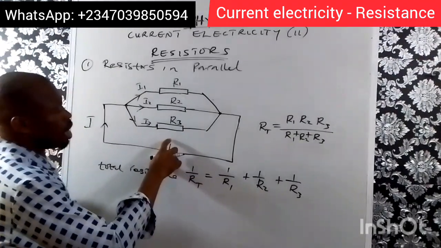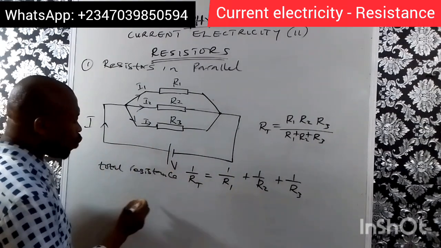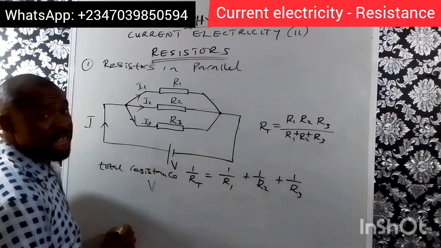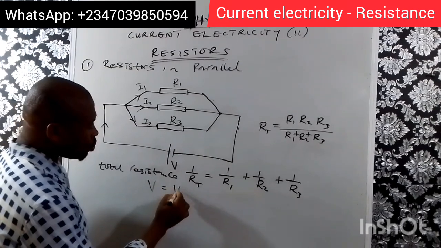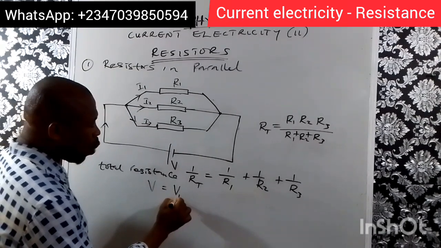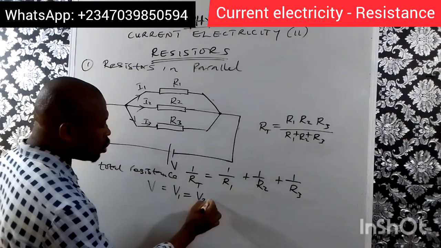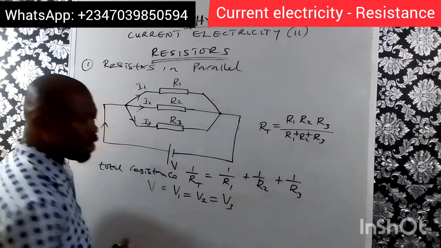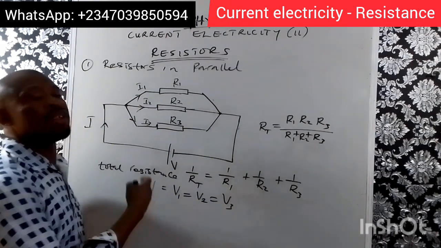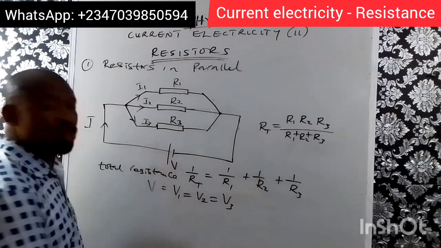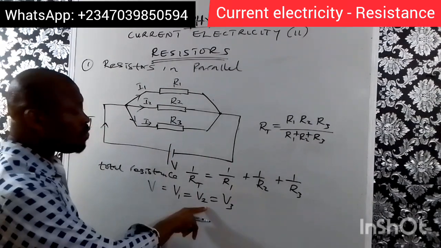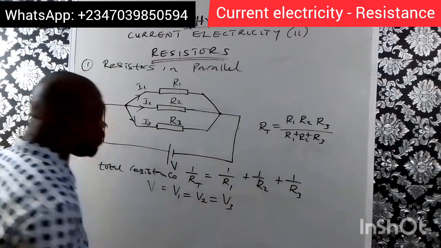So in parallel, V is equal to V1, which is equal to V2, which is equal to V3. The same PD flowing in V1 is the same PD flowing in V2 and in V3.